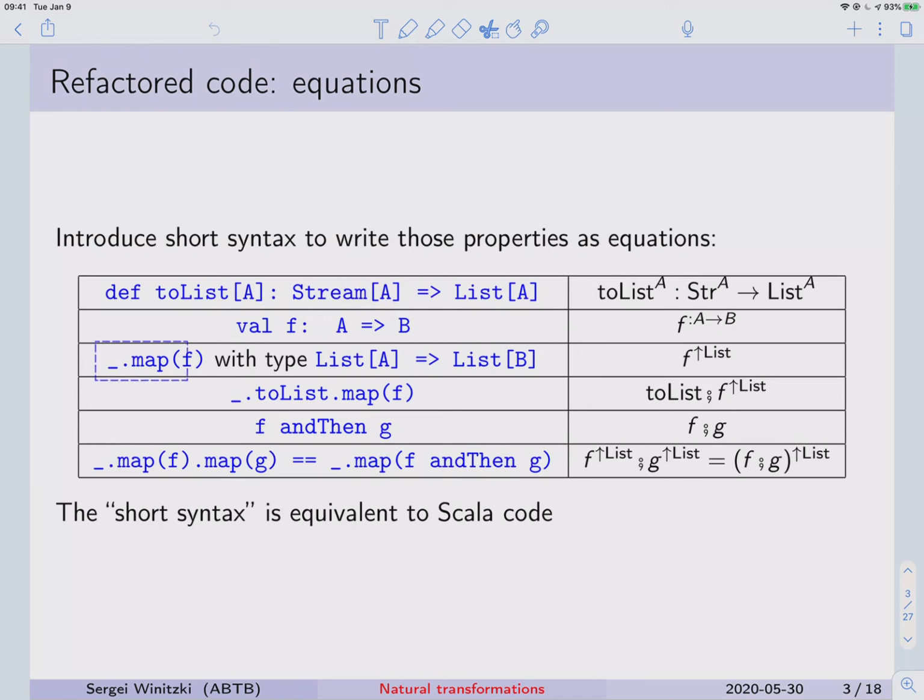The map is a kind of lifting of a function from a to b. So if f has a type a to b, then this function, map f, has type list of a to list of b. And the short notation for that is this. So I have again a superscript, but I have an up arrow in the superscript, and I show to which type constructor I'm lifting.